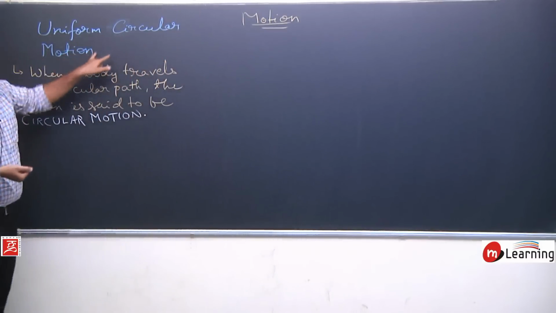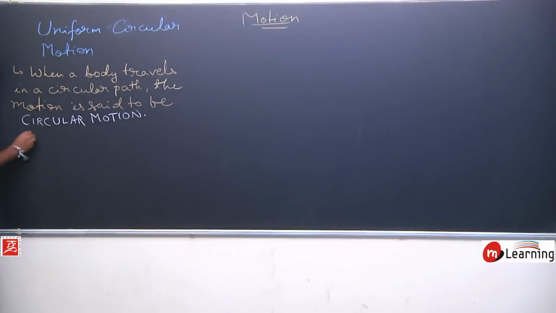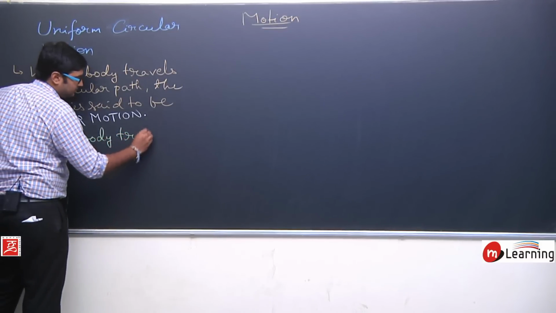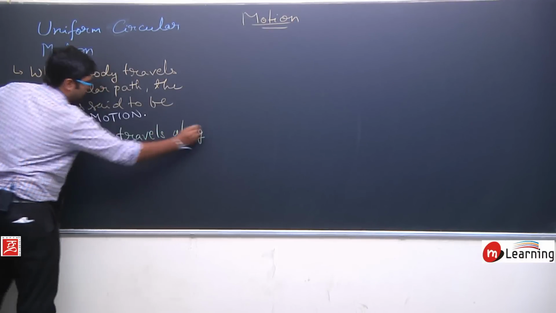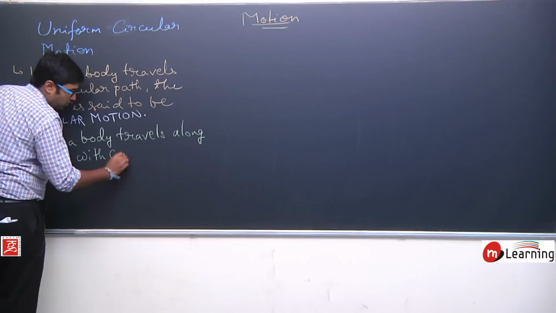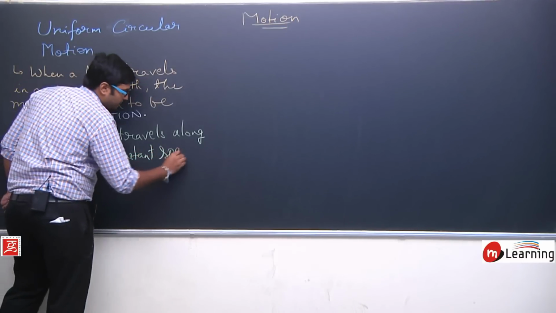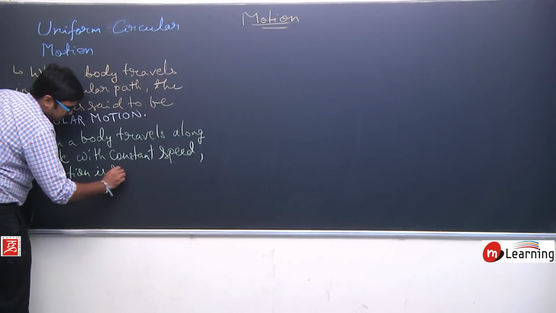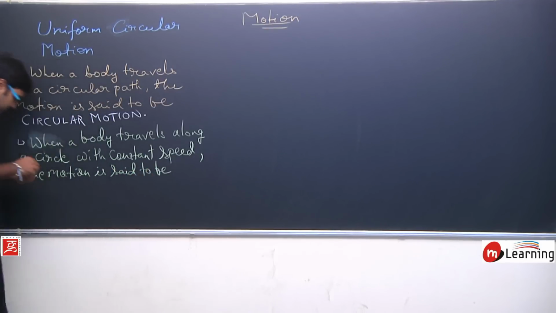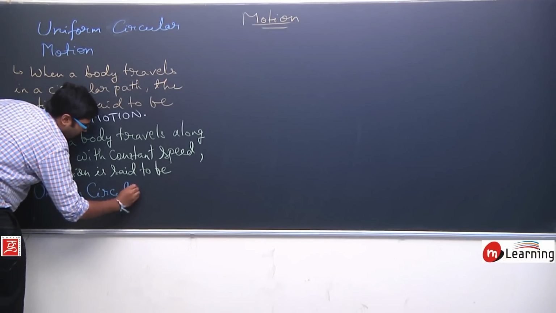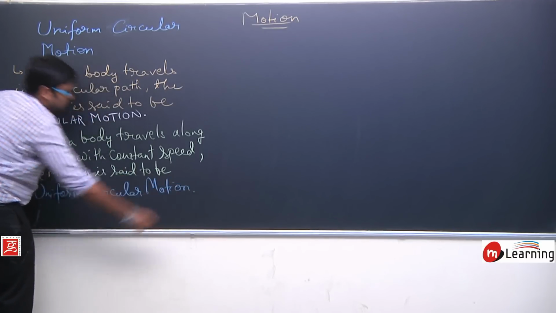Now if I say uniform circular motion, it can be defined as: when a body travels along a circle with constant speed, the motion is said to be uniform circular motion.